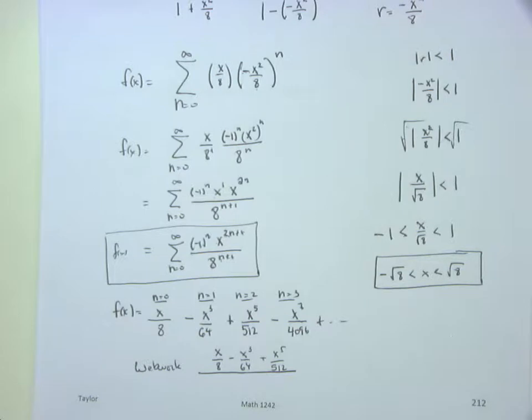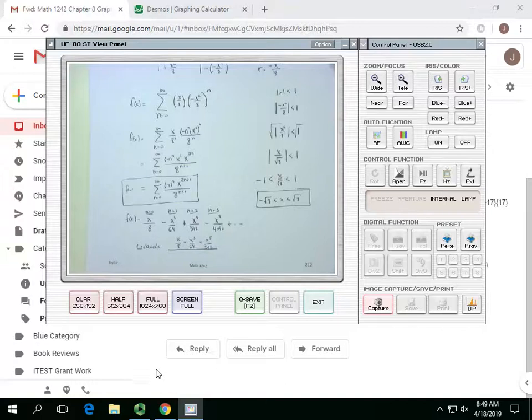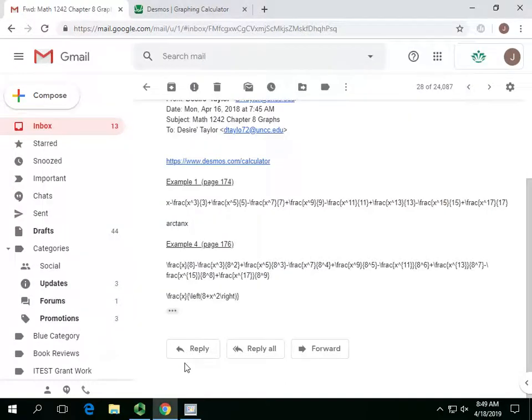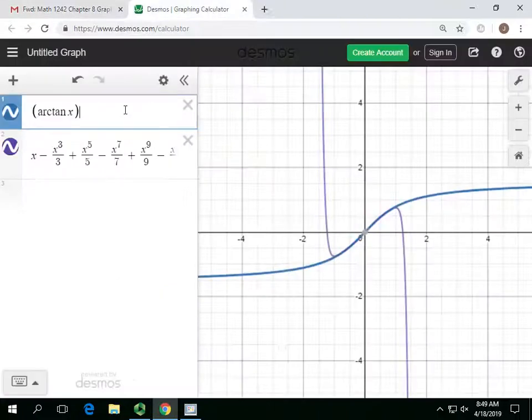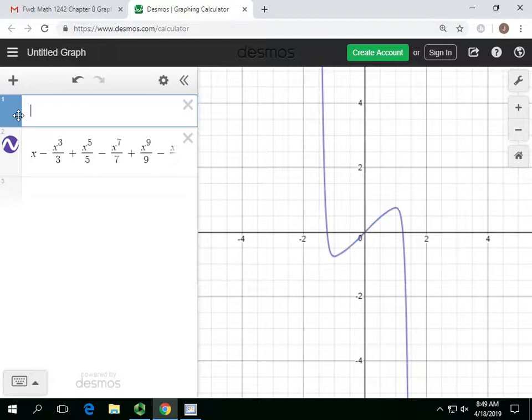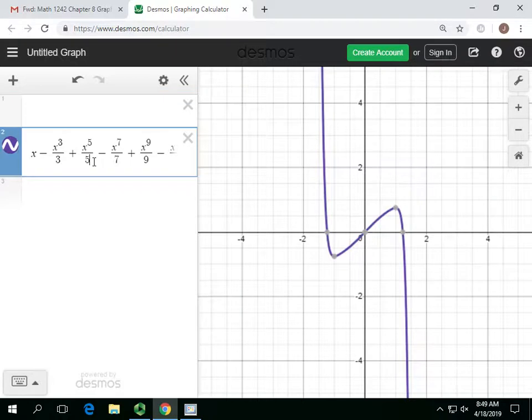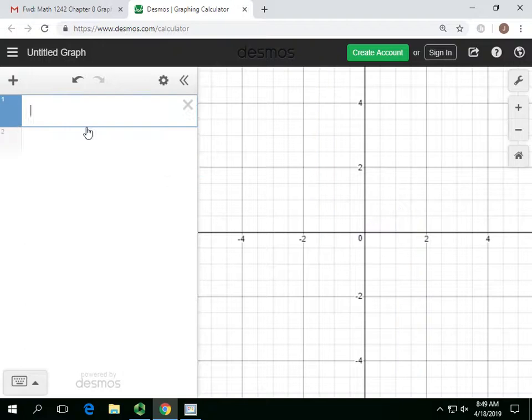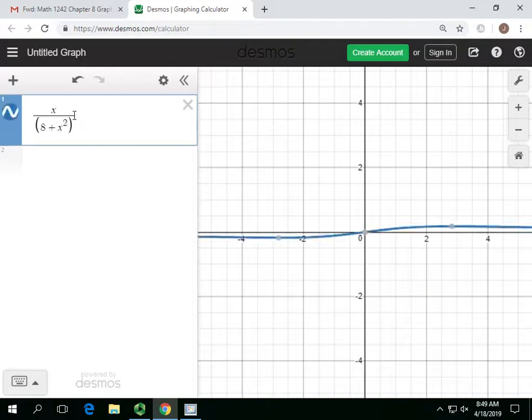Now, go back to my little computer screen over here. See if I can get this guy. All right, this was my actual problem, right?